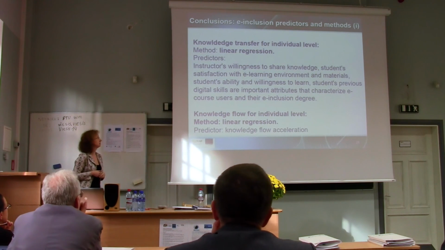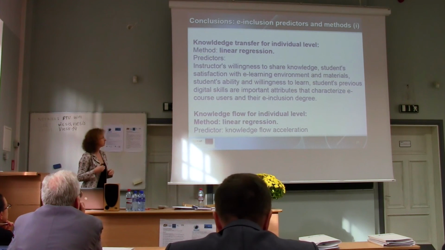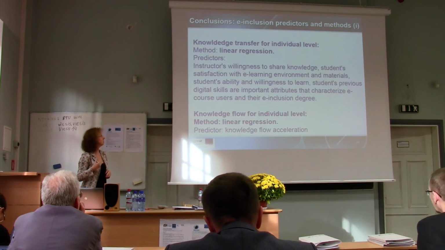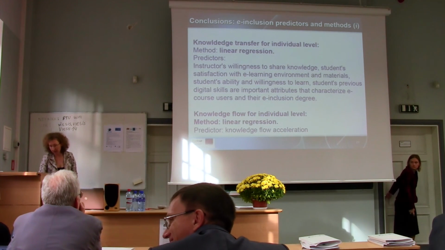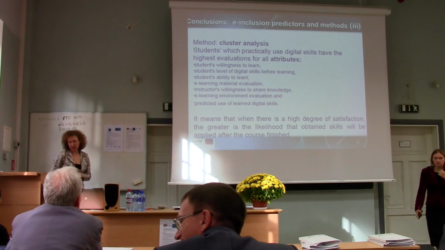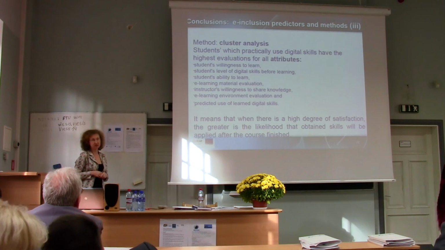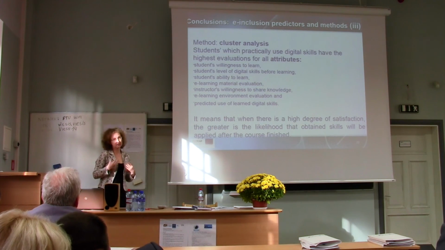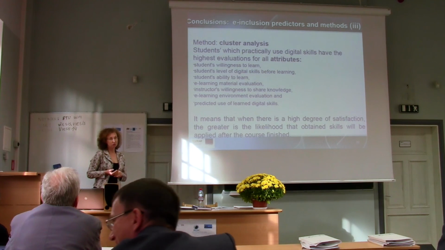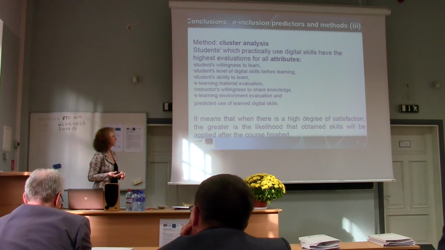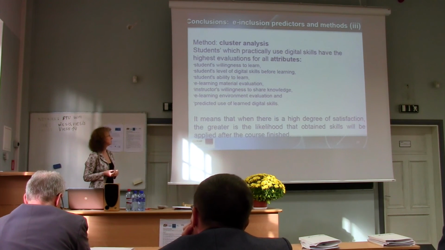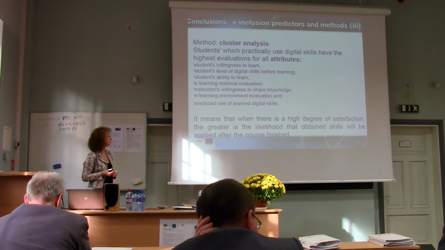For example, instructor willingness to share knowledge, student satisfaction with e-learning data, and so on. Also, we concluded that cluster analysis is also a usable method for inclusion prediction. Also, we determined some variables or attributes.